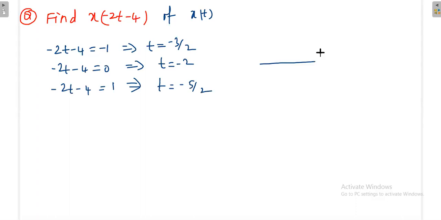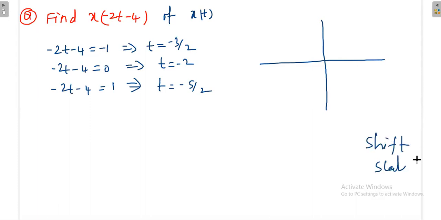Final answer. Note down one thing: you will have a shift, a scaling, and also a time reversal. All operations are there. Shifting is there, scaling is there, time reversal is there.